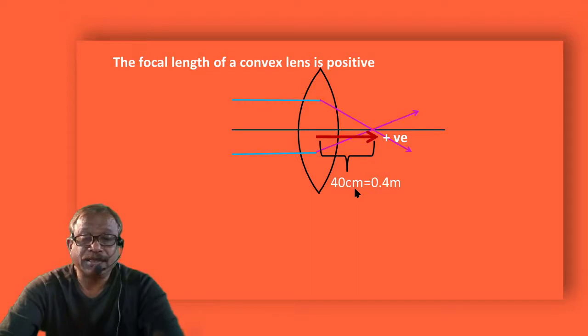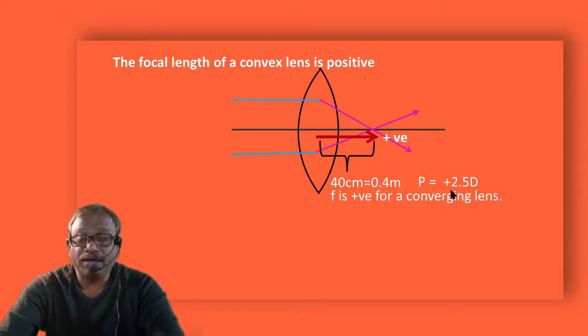In this case, consider the focal length is 40 centimeters, and that is nothing but 0.4 meter, on dividing by 100. So f is positive. And if you calculate the power using the formula, then that is 2.5 diopter, and again there is a plus sign.